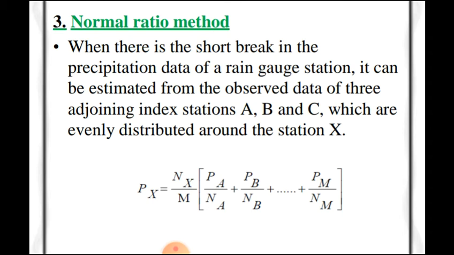Frequency analysis is nothing but deciding how frequent rainfall would be, and typically what we do is present intensity, duration, frequency analysis, showing how frequent rainfall is in a certain duration.